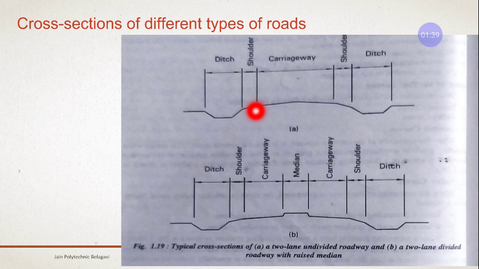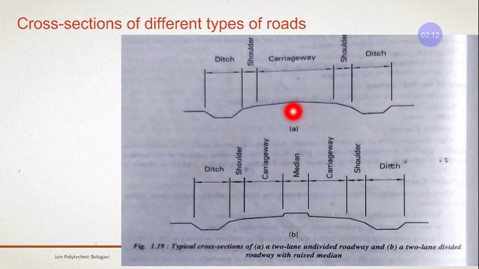At the end of the carriageway and the start of the drains, in between there is a shoulder, an unpaved surface, called the shoulder, on both sides. Together this distance is called the width of formation or road width. And the slope which is provided in this direction and in this direction is called camber, right?